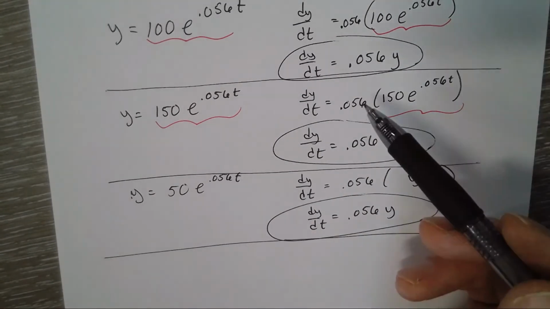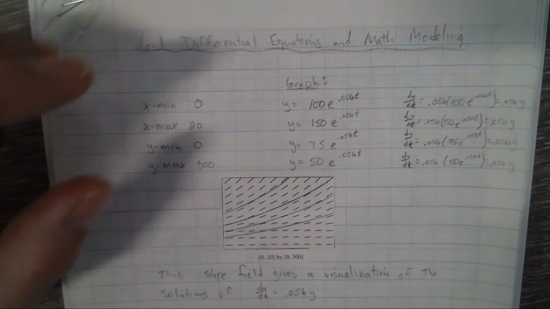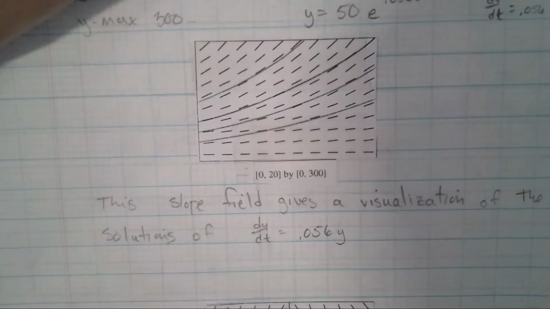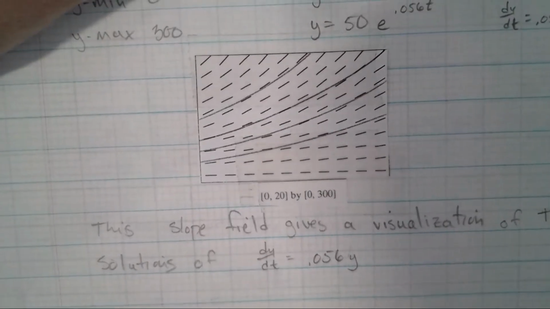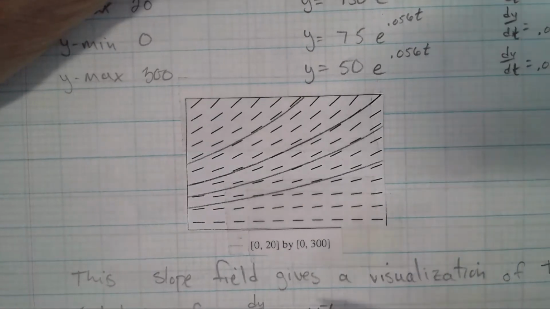So if I was going to show you what dy dt equals 0.056 y looks like on a graph, we make something called a slope field. This slope field gives a visualization of the solutions of dy dt equals 0.056 y.